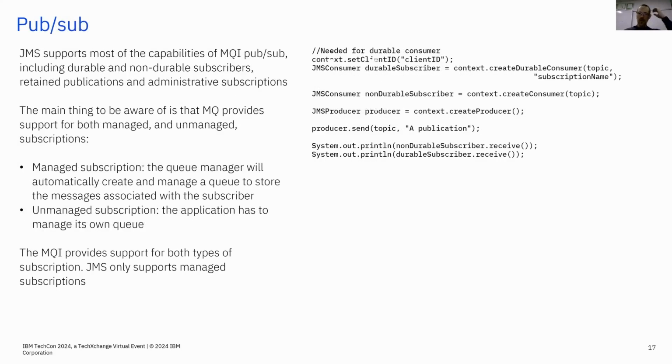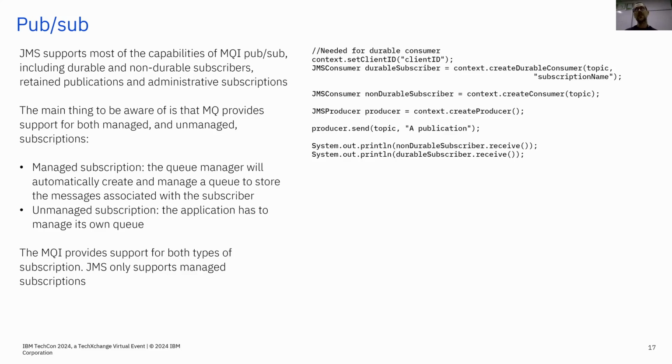So pub sub. I'm going to do a light touch on pub sub because it's quite a deep topic. Right from the beginning, JMS has supported the idea of publish subscribe with topics, and MQ has long had support for publish subscribe. At various points that was an add-on to the product, and since MQ version 7 it's been built in.